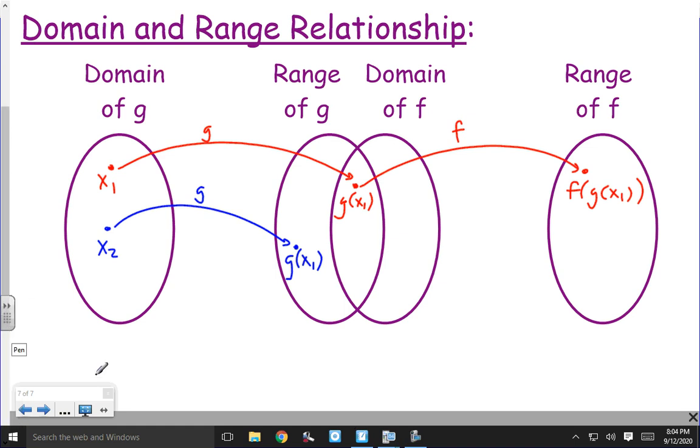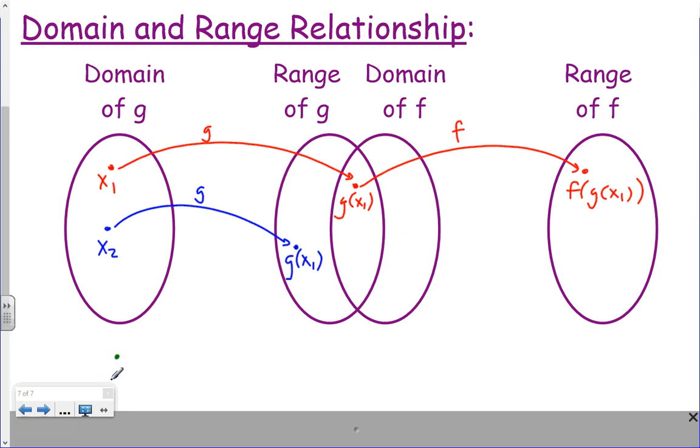Or perhaps you even end up with this problem. Maybe we pick a point, let's say x3 is down here. x3 is not even in the domain of function g. So I can't even plug it into function g to get a value out of that function. That's a problem as well. Visually, this is what happens when we're doing a composition.